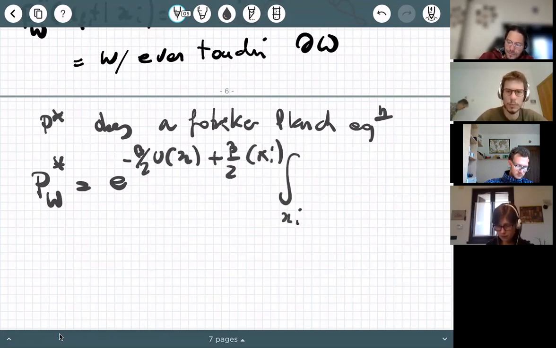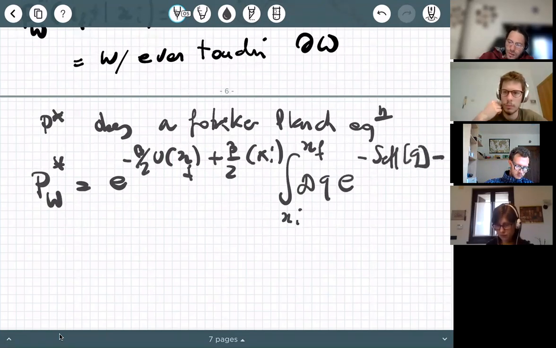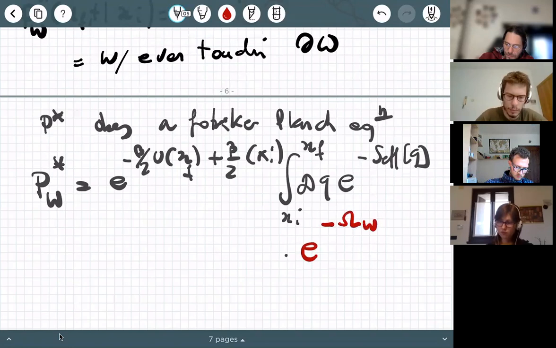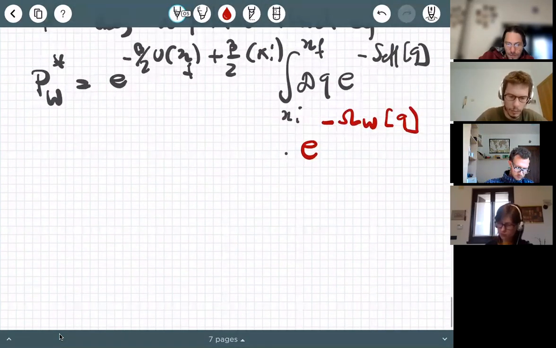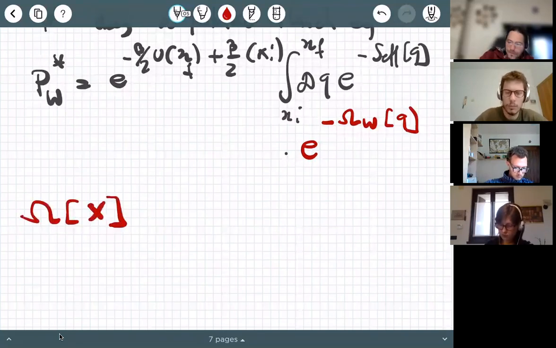But this time, besides our effective path, we introduce a new functional, which I draw in a different color, where omega of x, and sorry, there's a time interval.